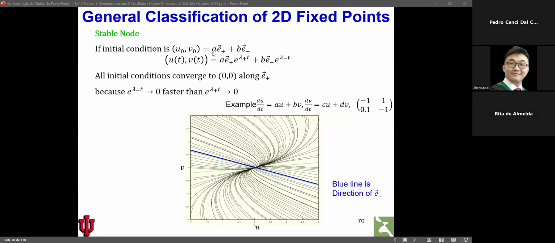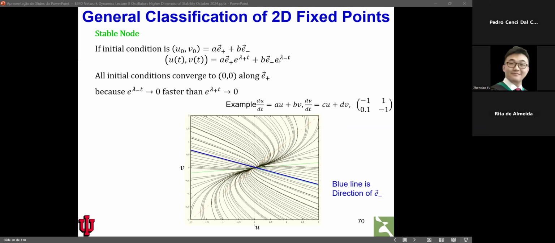Now, if the initial condition is a linear combination of the two eigenvectors, then in time the initial condition is going to evolve using this, because you have already expanded in the eigenvectors. If you apply e to the T times the Jacobian calculated at the fixed point, then you have e to the lambda plus T and e to the lambda minus T along E plus and E minus.